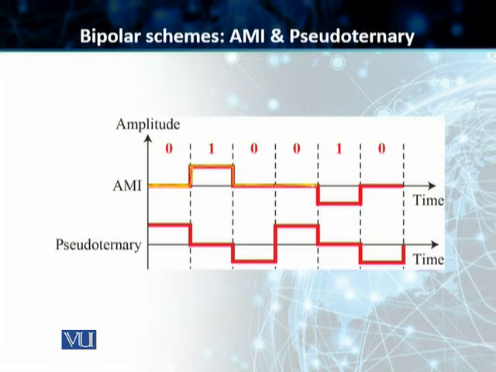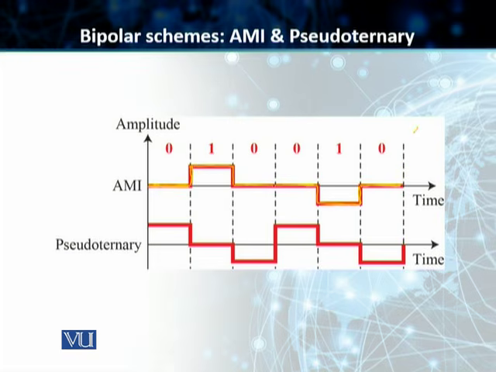For the next one, we are going to do an alternate inversion. For the first one, we represented that one with the positive voltage, and so the second one is going to be represented by a negative voltage. Once again, we have got a neutral or a zero voltage representing the 0 bit.